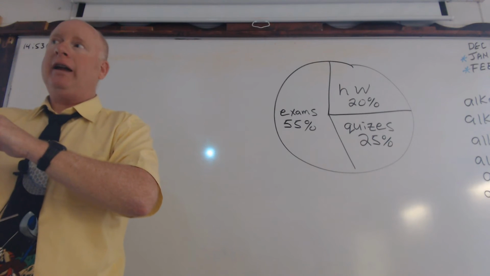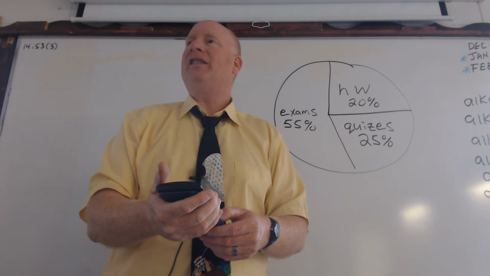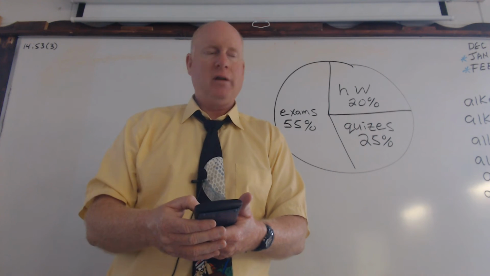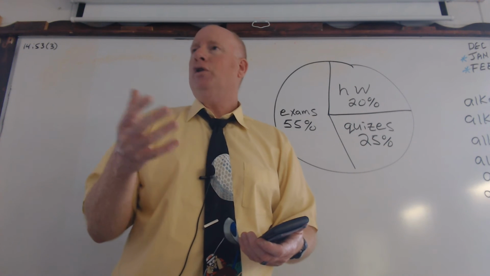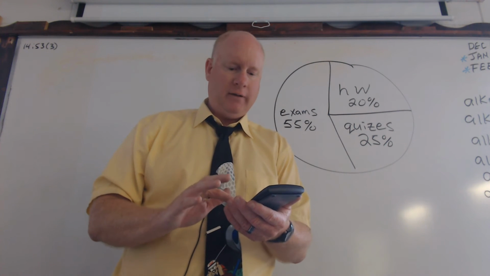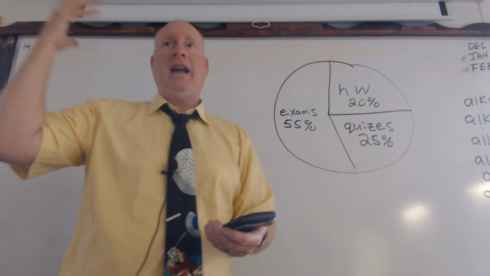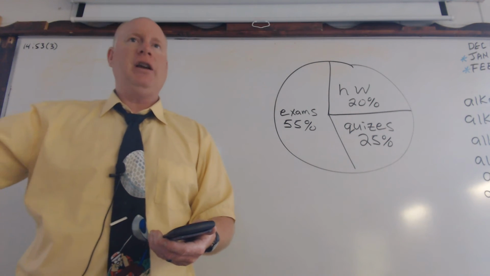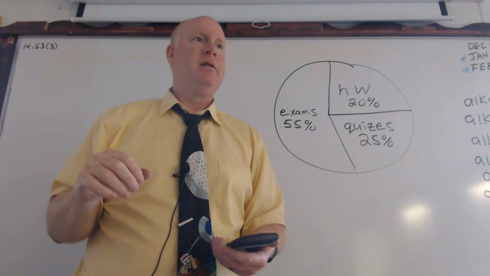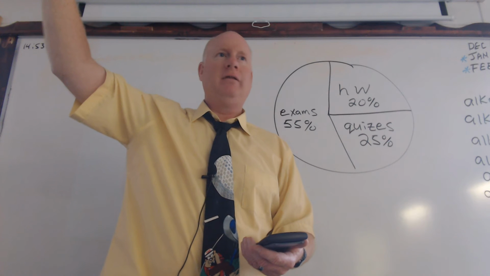It doesn't sound like it, but let's say you only got 37 right. So if we did 37 divided by 50, that gives you a 74%. But let's say, hey, I'm going to take advantage of free points. Who likes free points? Okay?